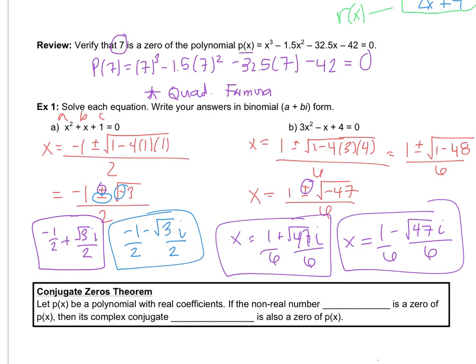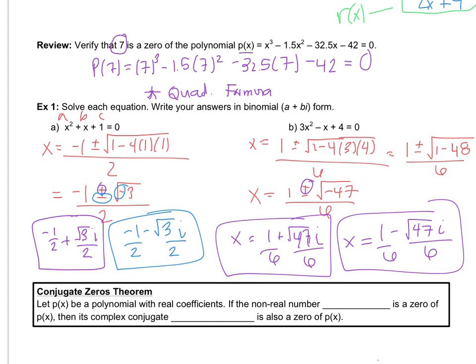There's something really important that I want to point out that you may have noticed or maybe not. The most important thing when looking at complex zeros and polynomials with complex zeros is that both of those polynomials, a and b, have all real coefficients: 3, negative 1, 4, and 1 and 1. Nothing about those polynomials up front tells us that they're going to have complex zeros.